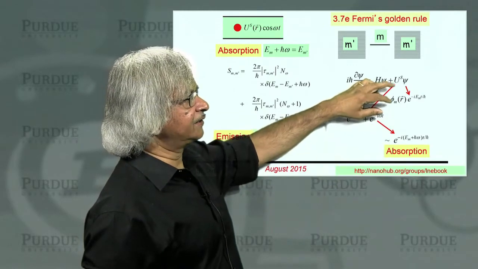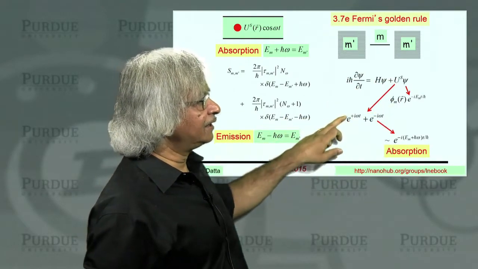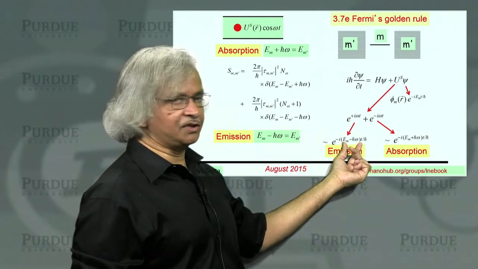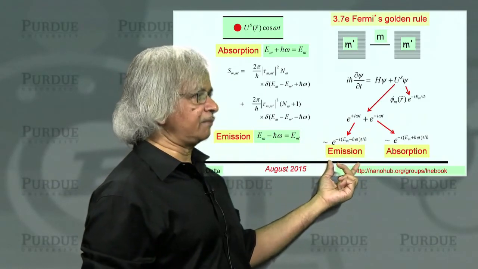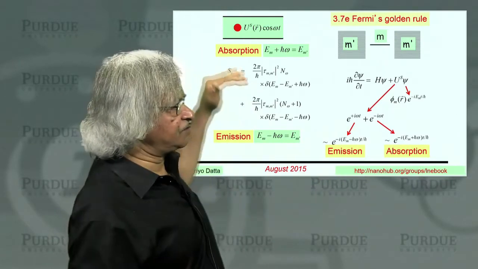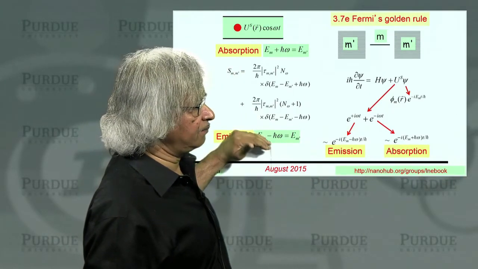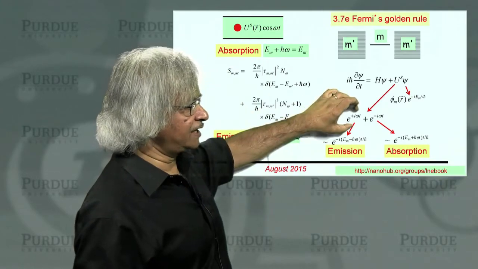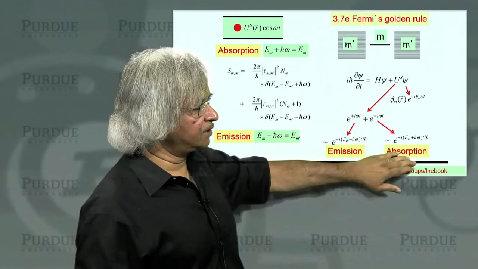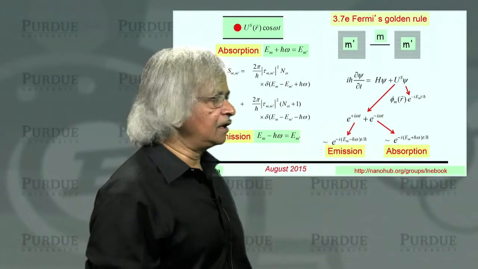On the other hand, the result of multiplying this with the other term is to get a term that looks like Em minus h bar omega, and you could call it emission. So in the simple one electron picture, that is how you sort of justify an absorption and an emission term. You say the cosine has a positive exponential and a negative exponential. One of them gives you the absorption, the other gives you the emission.